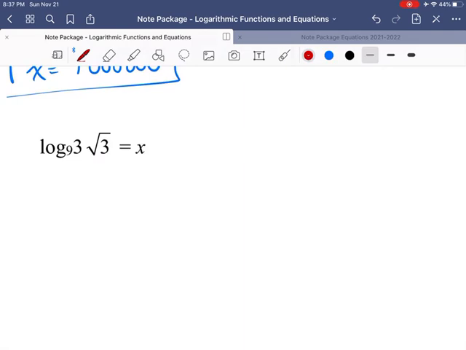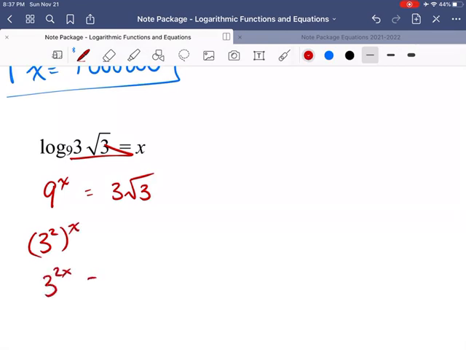Okie dokie. What can we do here? So 9 to the x equals 3 root 3. Let's change this all to common bases. The left side becomes 3 squared, and then that becomes 3 with the exponent of 2x.